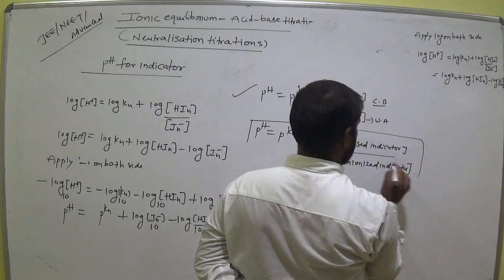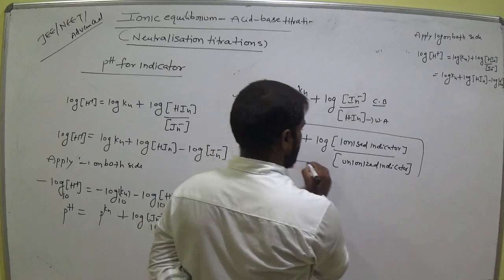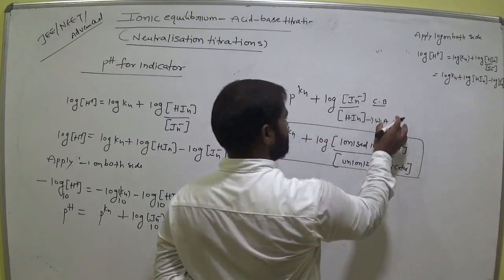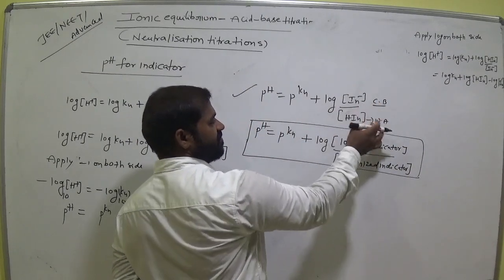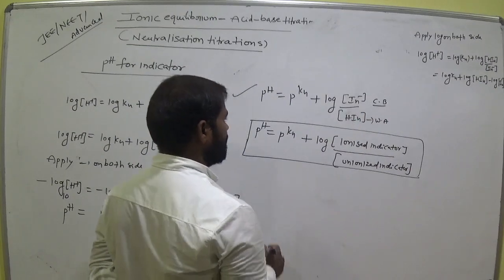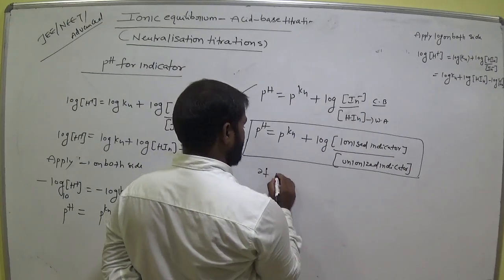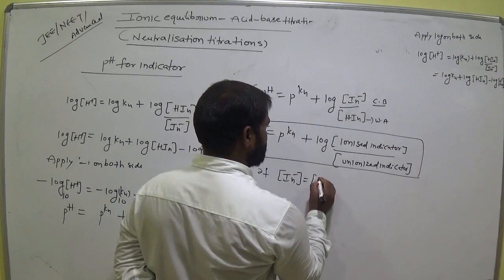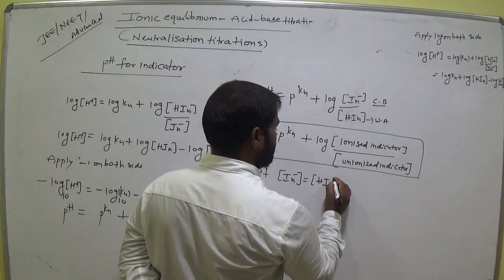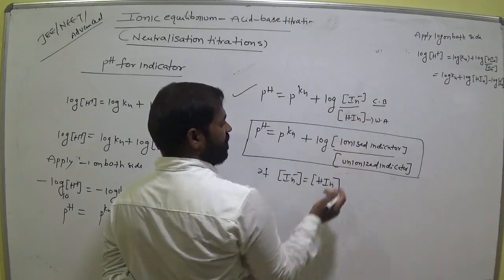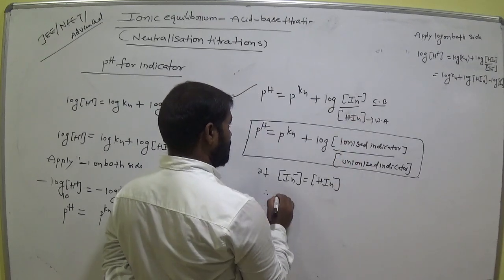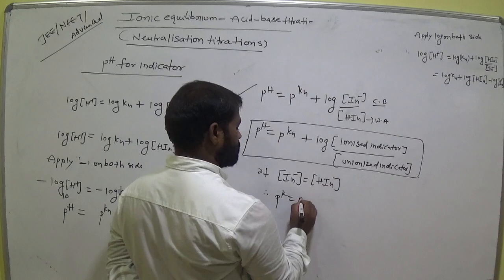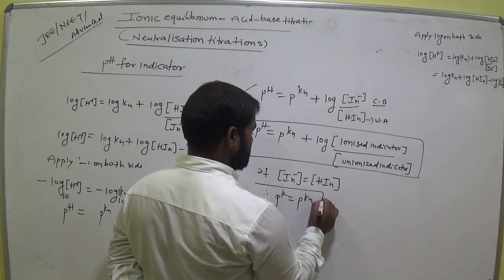Remember this also: conjugate base, weak acid. Suppose here conjugate base by weak acid, that is also correct. Okay. So if the concentration of In minus equals HIn, then what happened? Both are equal. Log 1 means 0. Then pH is equal to pKa in this expression.